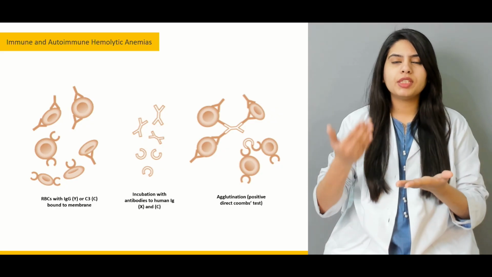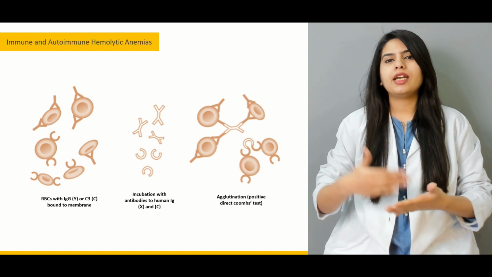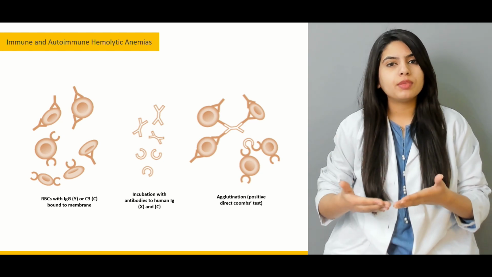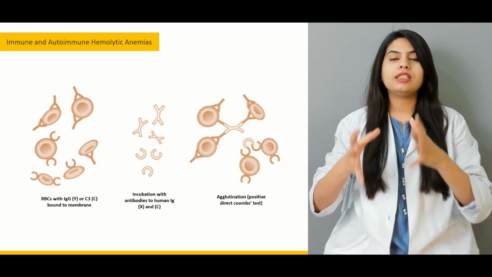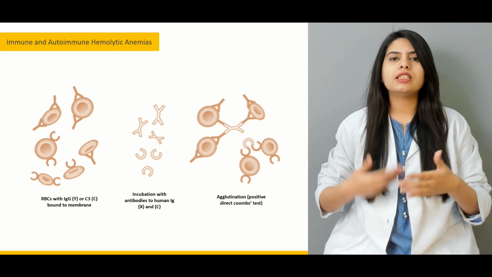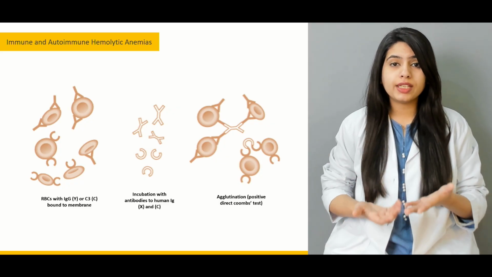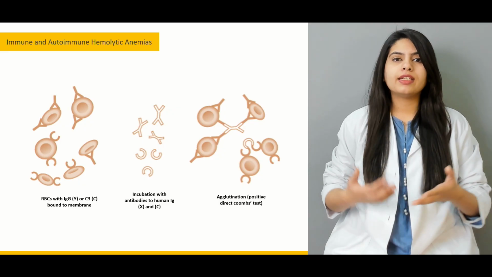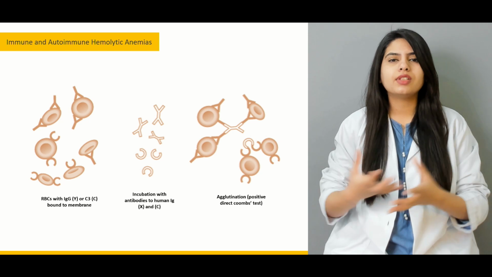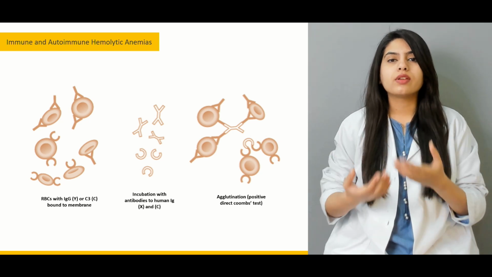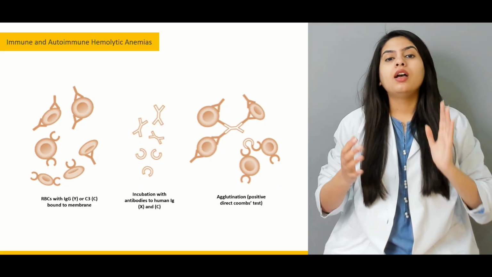There will be the presence of antigen on the surface of red blood cells, against which the body will produce antibodies that will come and bind to this specific antigen, and obviously the normal system of our immunity will be activated, and macrophages will engulf the red blood cell or cause the hemolysis, leading to hemolytic anemia.